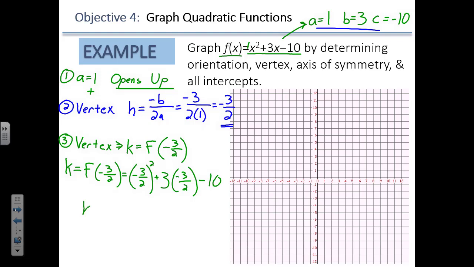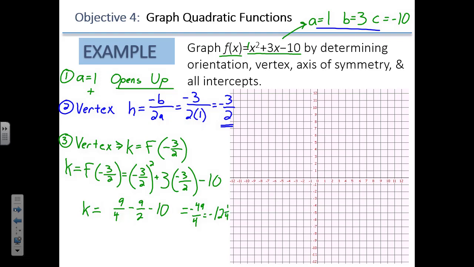value, what you'll find is that k is equal to negative 3 halves squared, that's going to be 9/4, plus 3 times negative 3 halves, that's minus 9 halves, minus 10. And if you do that, you get negative 49 over 4, or in other words, negative 12 1/4.